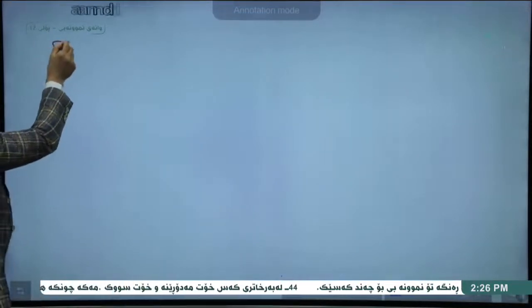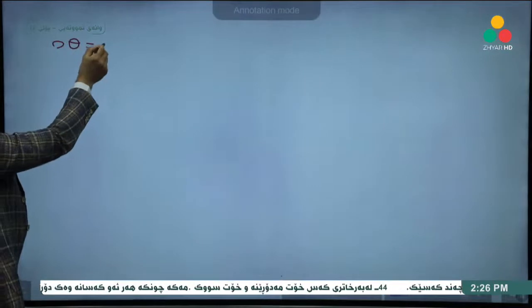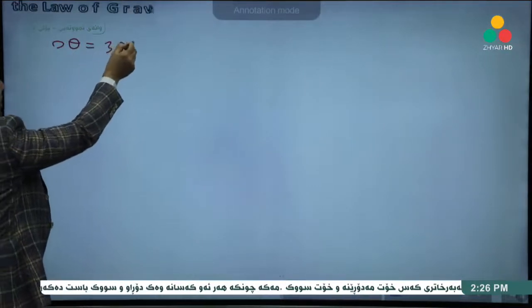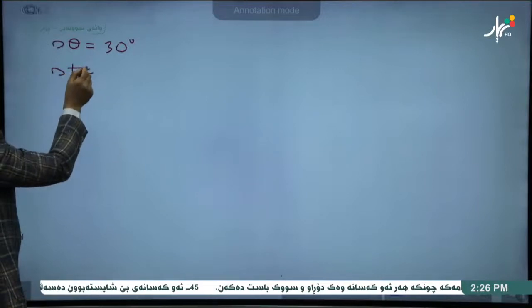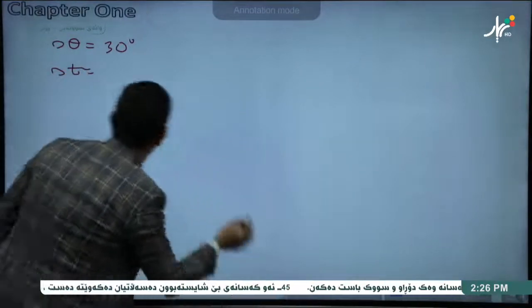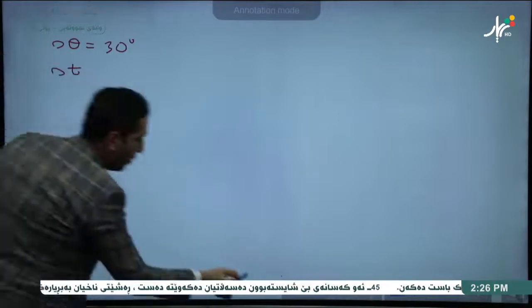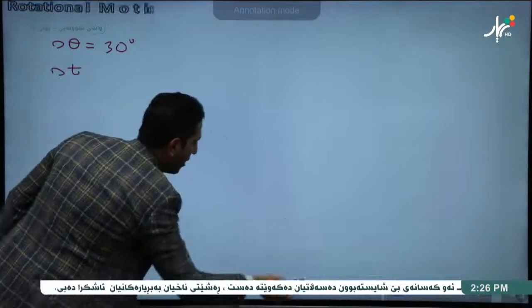We have a question from the final exam. It says delta theta is equal to 30 degrees. Find delta t, sorry. Find the time interval for this angular speed.